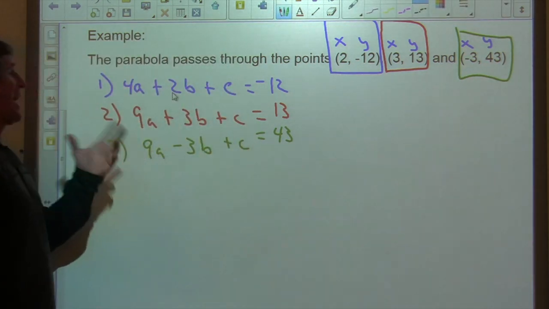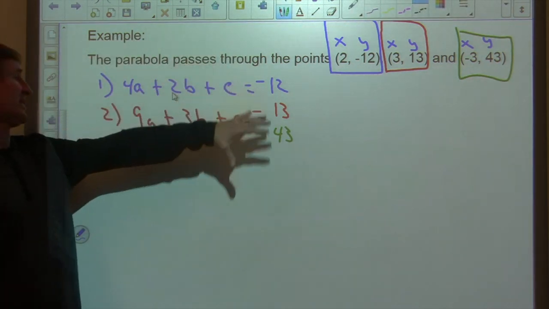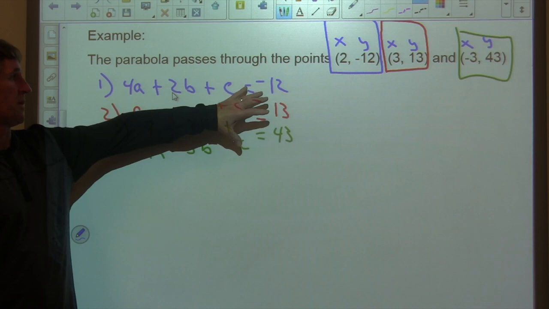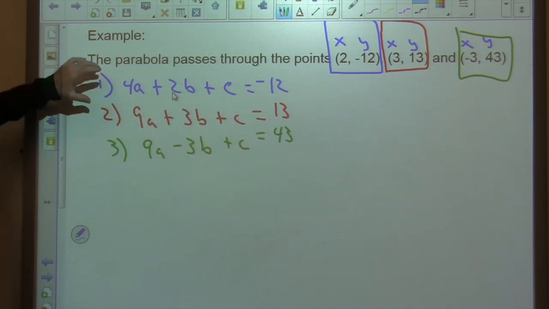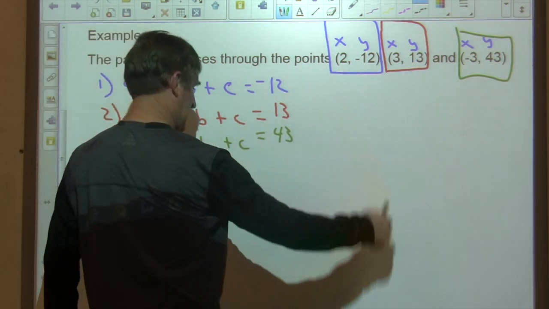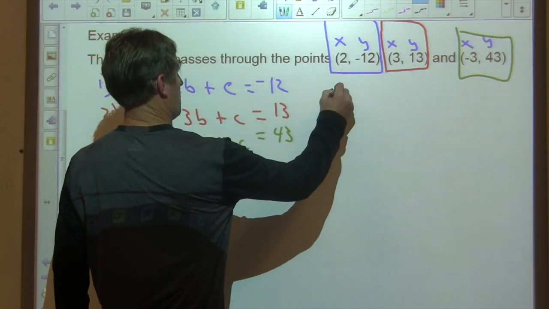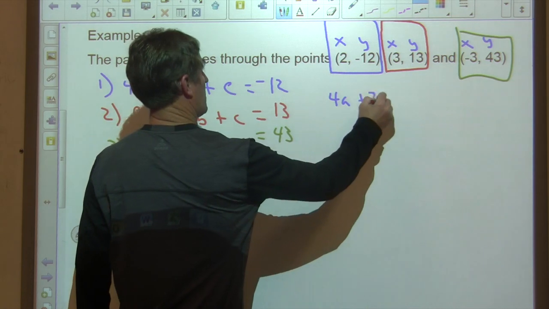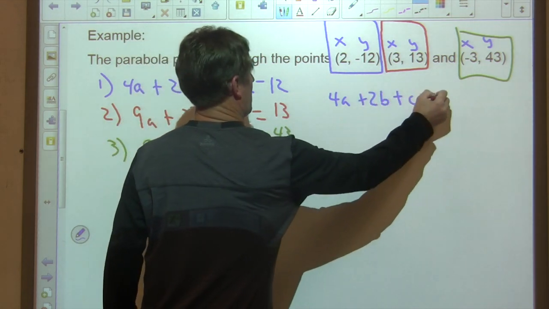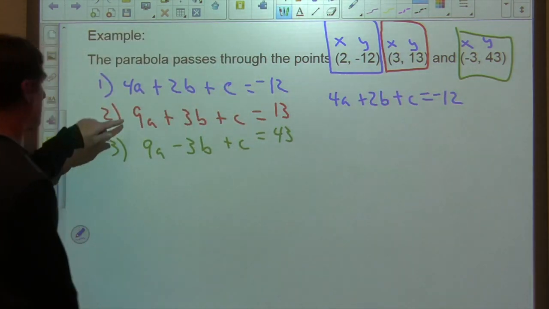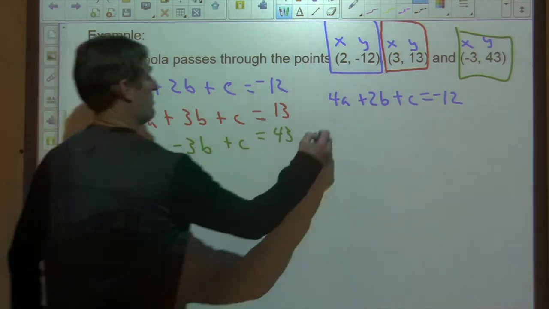Now on these, I would always make the c's opposites. Okay? And so let's just use equation 1 and equation 2. So I'm going to take 4a plus 2b plus c equals negative 12. And I'm going to multiply this equation by a negative 1.